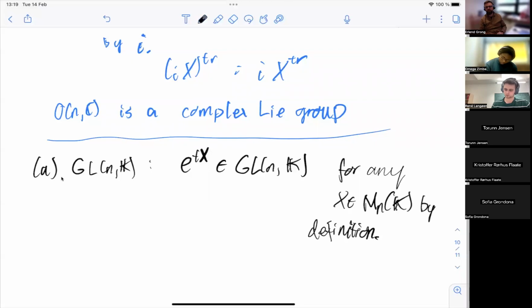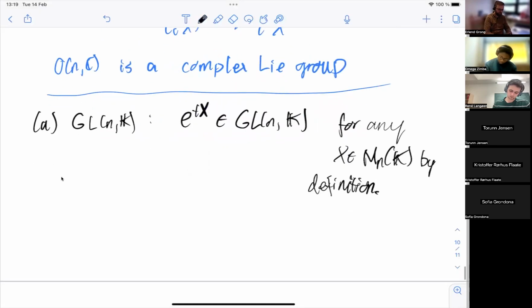So the exponential is always an invertible matrix. If you take any matrix and exponentiate it, you end up in the general linear group. So this is just by definition, and it can't get any bigger than all of the matrices. So that's it.